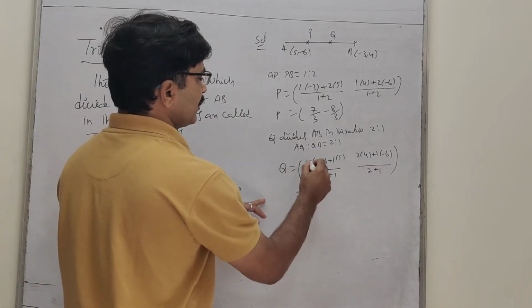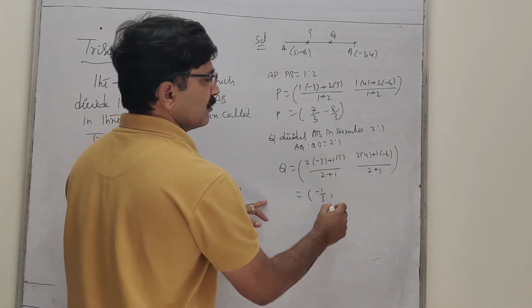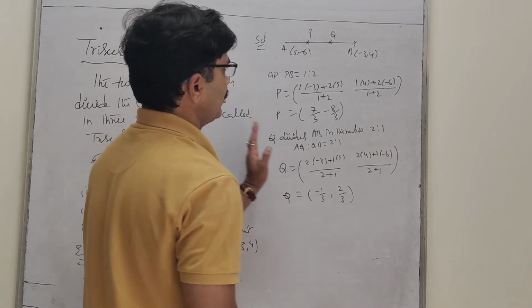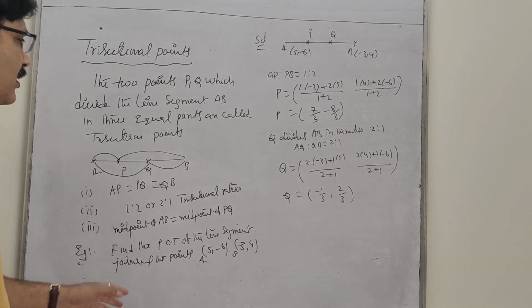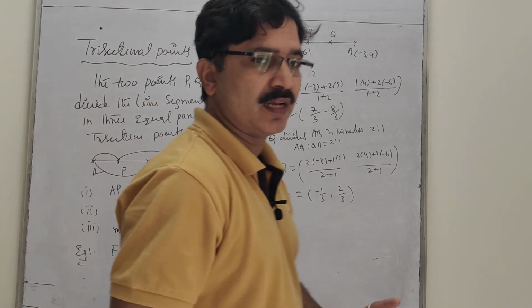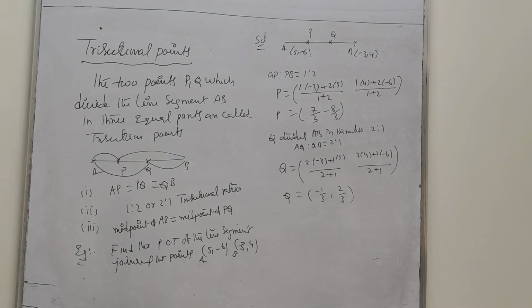Now what are we getting? Minus 6 plus 5 is minus 1 by 3, and 8 minus 6 is 2 by 3. So we got the trisectional points like this. If we are asked for the midpoint of PQ, we can get it without finding them. Hope this is very clear. Okay, right.